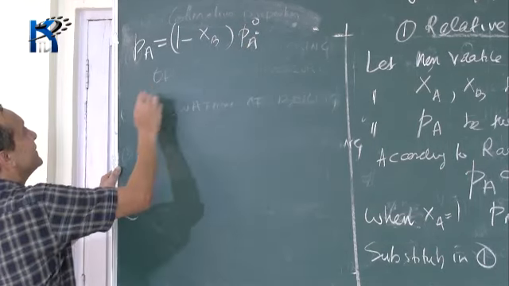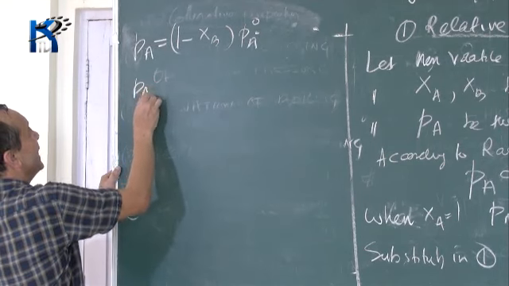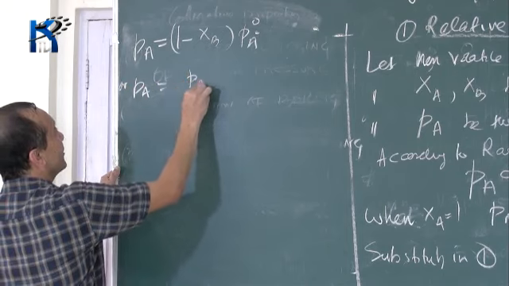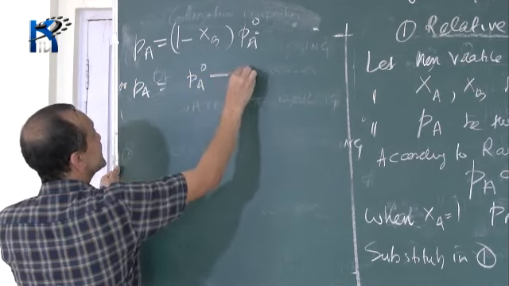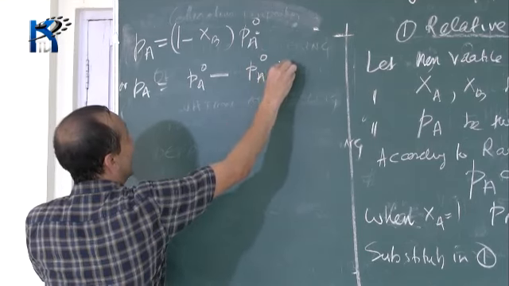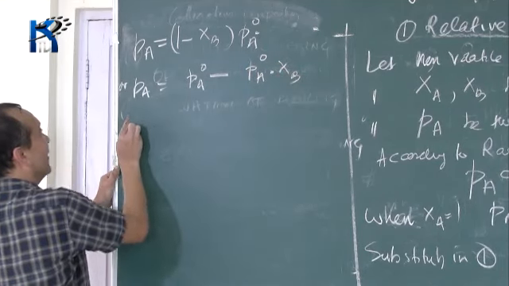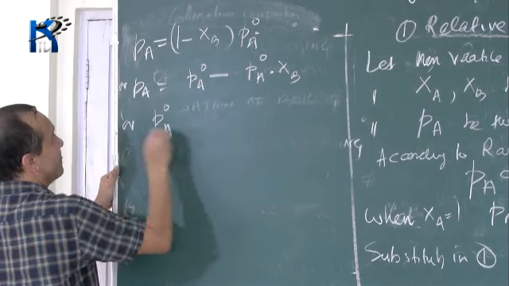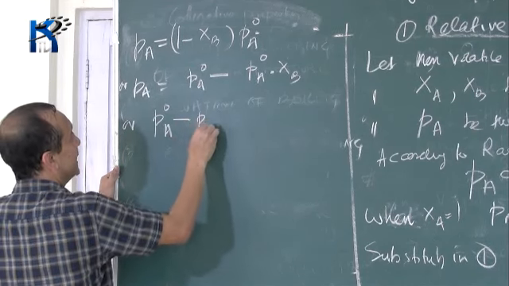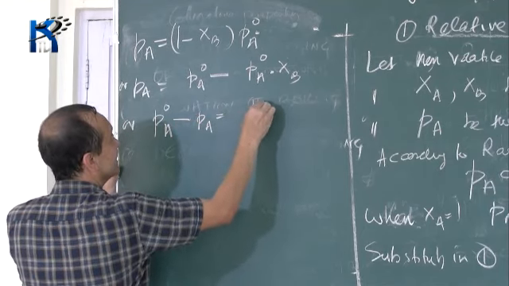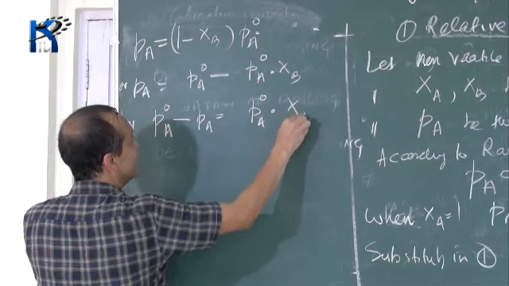If you simplify this, you get PA is equal to PA naught minus PA naught into XB, or PA naught minus PA is equal to PA naught into XB.